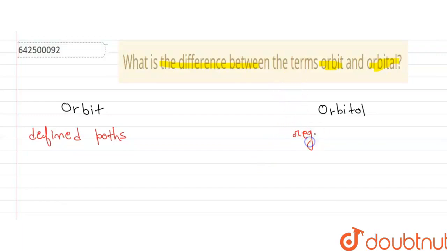Let me write, a region where probability of finding electron is maximum. So orbitals are regions where the probability of finding an electron is maximum, and orbits are defined paths where electrons revolve. So this is the first difference.